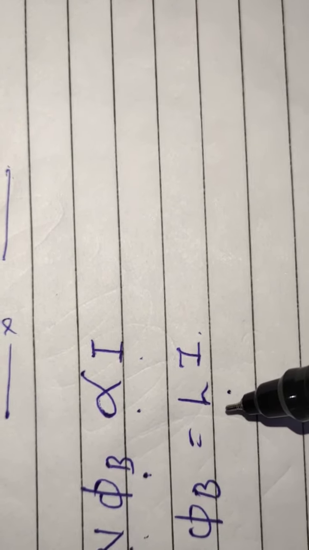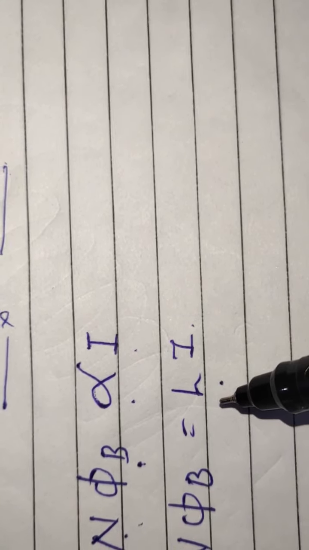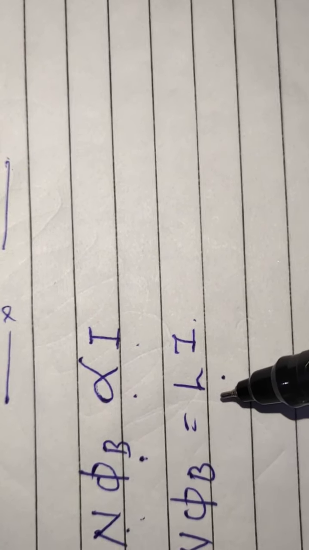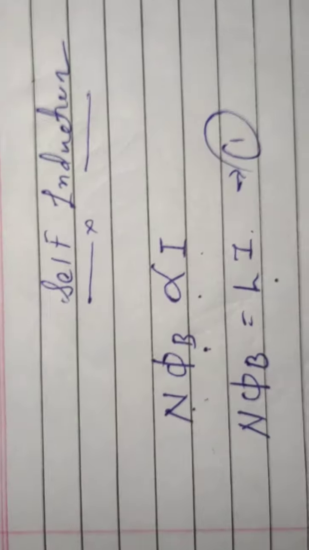When the current is varied, the flux linkage with the coil also changes and EMF is induced in the coil. Okay guys, this is our first equation for self-induction.